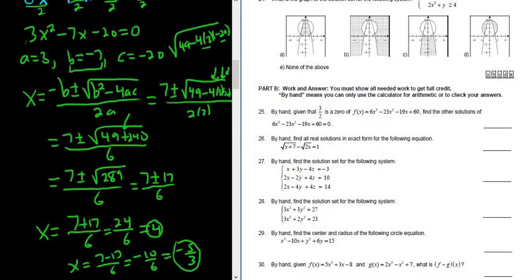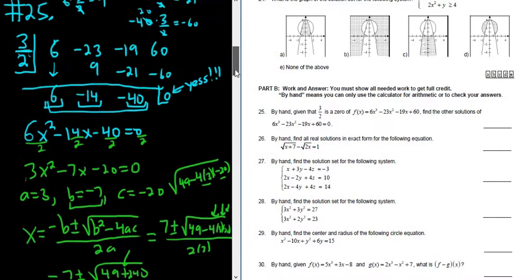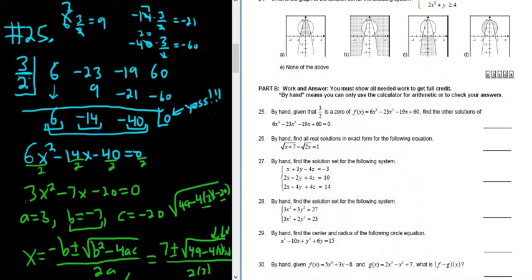Let's recap what we did really quickly. The very first step is always to use synthetic division. This number goes here, 3/2, and then you get these numbers from the function, the coefficients. You bring that number down, then you do 6 times that, and that goes here.